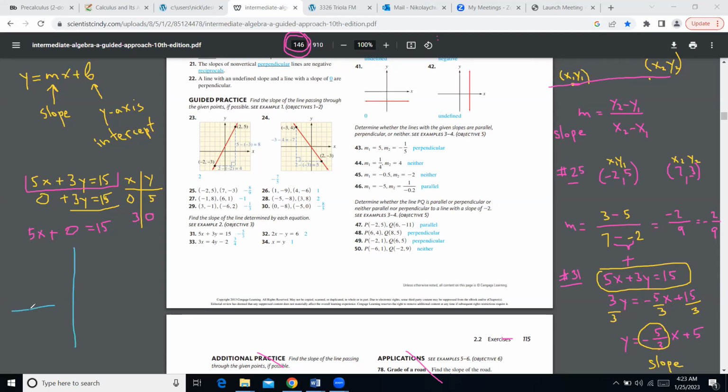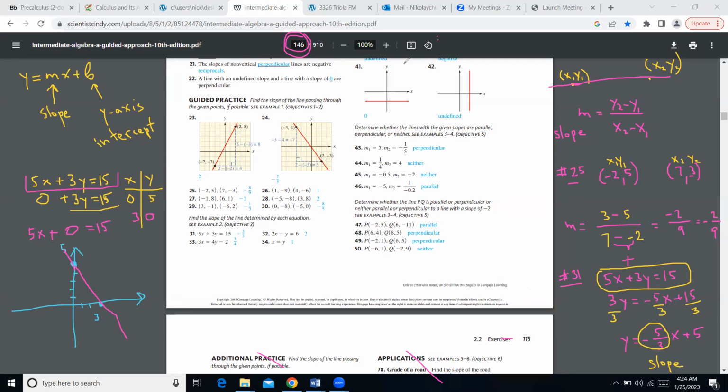So if I graph this line, if I plot the pair of points, 5 on the y-axis like that, and 3 on my x-axis, some place here, then connect them, I get a line. I hope I get a straight line, so you can connect them carefully.